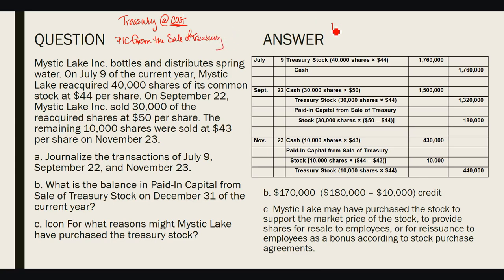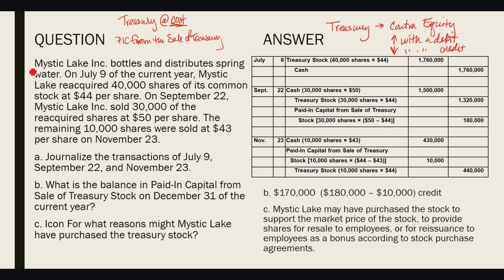By the way, please remember that treasury stock is a contra equity account, so it increases with a debit and decreases with a credit. Very important, because treasury stock reduces my equity. If I'm buying my equity back off the open market, I shouldn't say unissuing it, but I'm bringing it back in, and that reduces my equity.